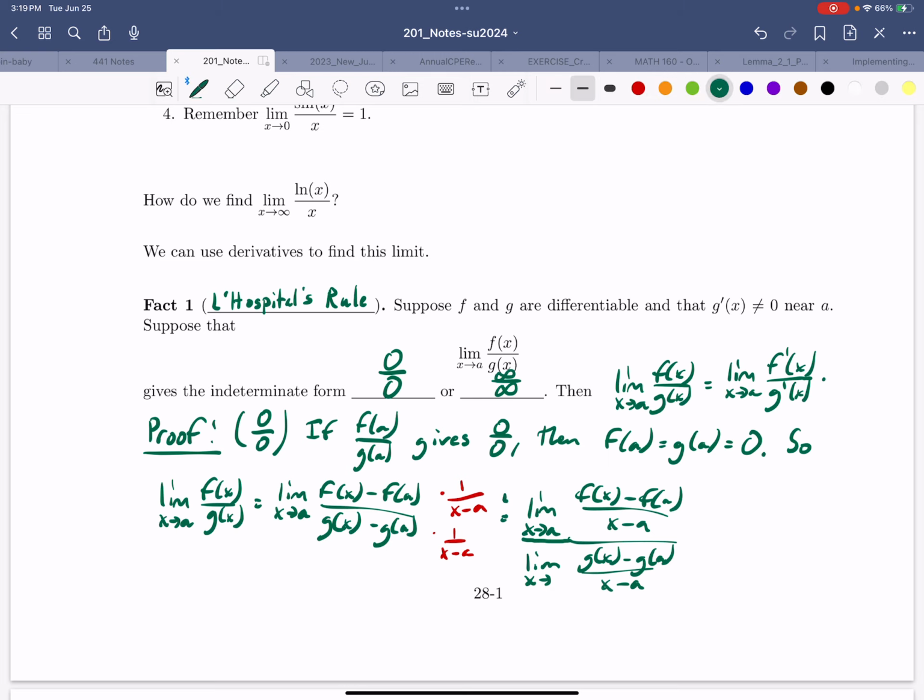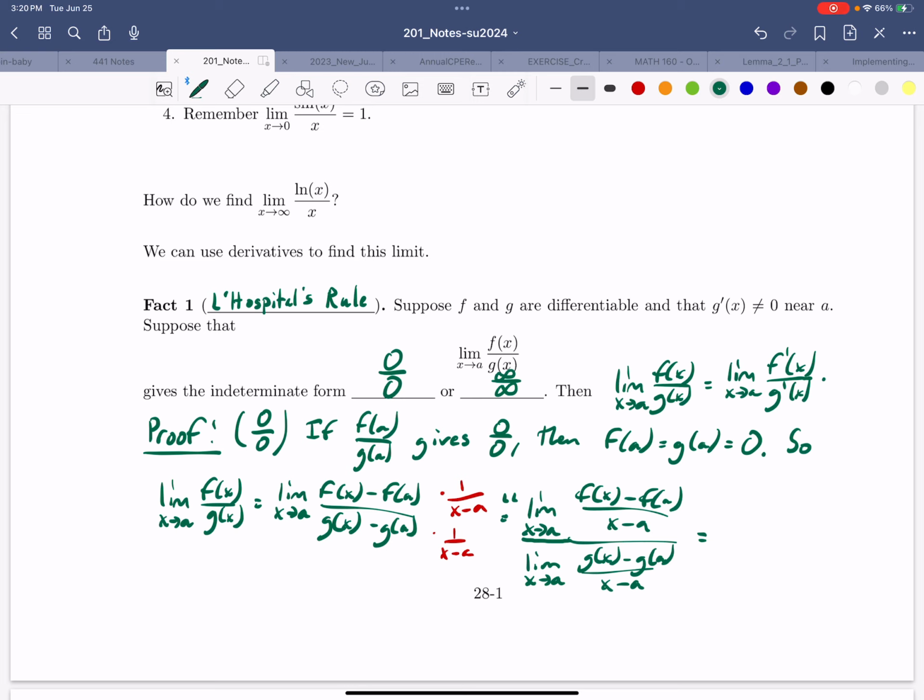And at this point, we should note that this is really just the derivative of f at a, and this is just the derivative of g at a.